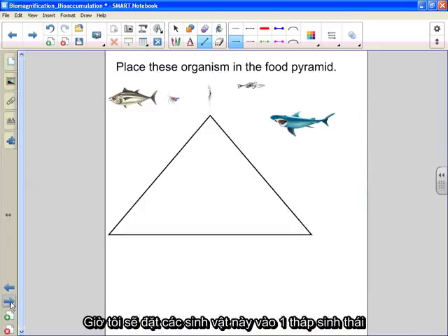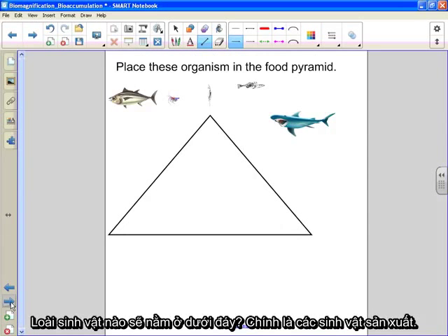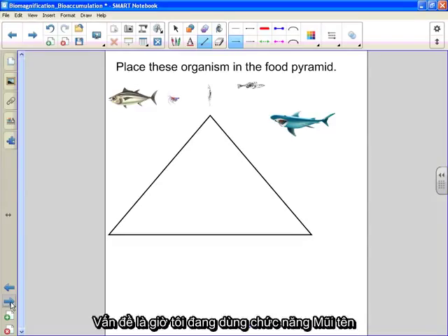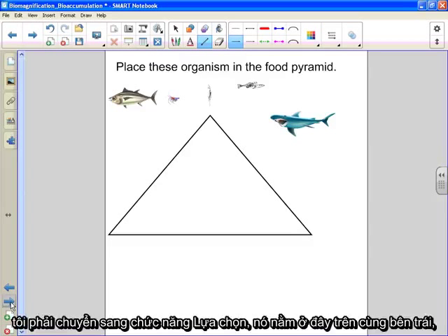Now, I'm going to put these organisms in a food pyramid. Now, what type of organisms should be at the base? The producers. So these are your plants. I don't have any phytoplankton on there. I only have zooplankton. So we're going to have to remember that. Now, big thing is I'm on the arrow function, so I have to switch it to the select function, which is here, the top left.